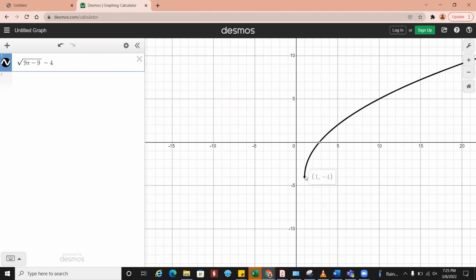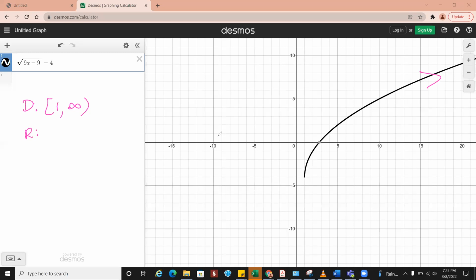Okay, so this point right here, 1, negative 4, is my farthest left x value. So 1 is going to be my farthest left. So domain, we've got 1, and we're going to use a bracket for when it's included. And then what's my farthest right x value? Well, it keeps going on. Okay, so that's going to be represented by infinity.